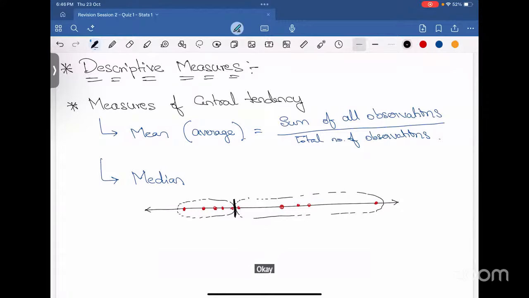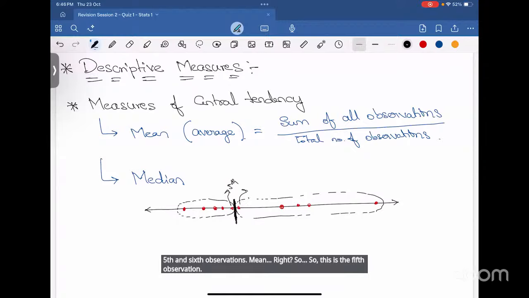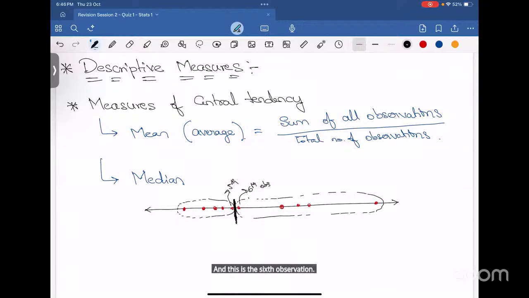Since here I have taken an even number of observations, the median turns out to be the mean of the n/2-th and the next observation, the 5th and 6th observations. So this is the 5th observation and this is the 6th observation. And how am I saying it is 5th and 6th? You should order your data set first.